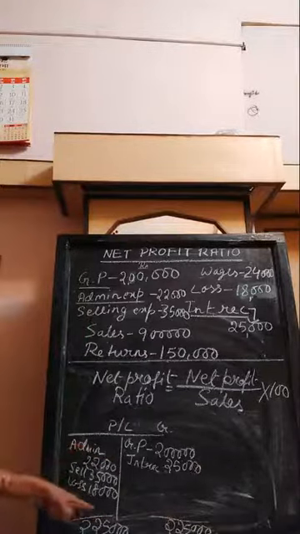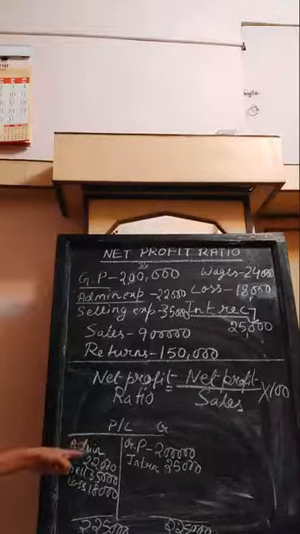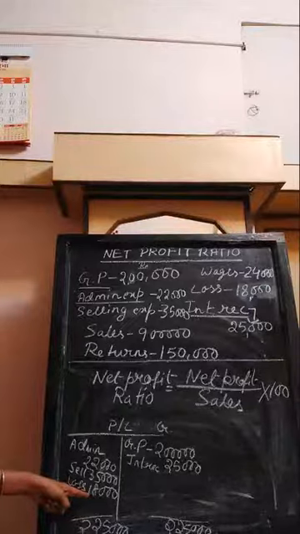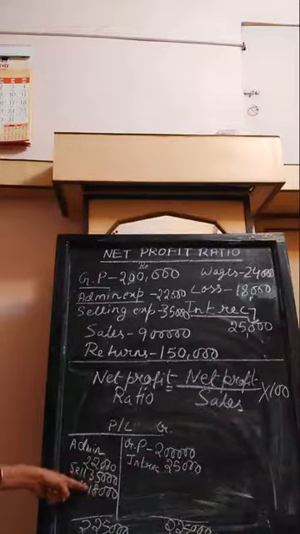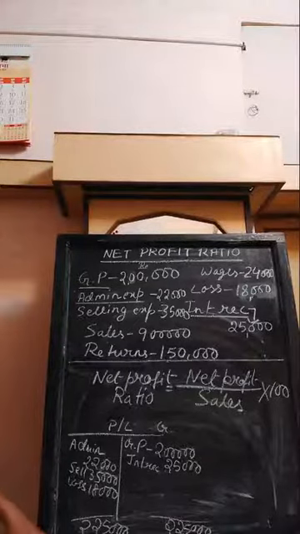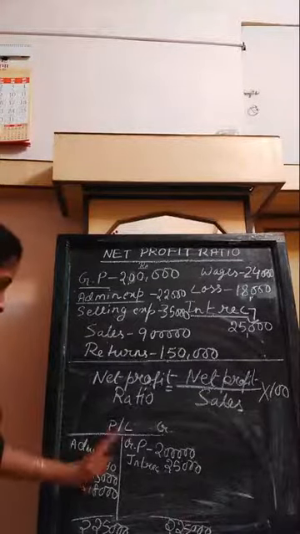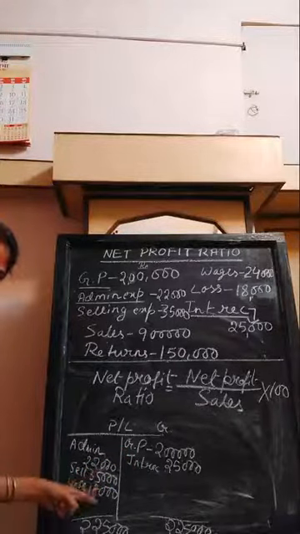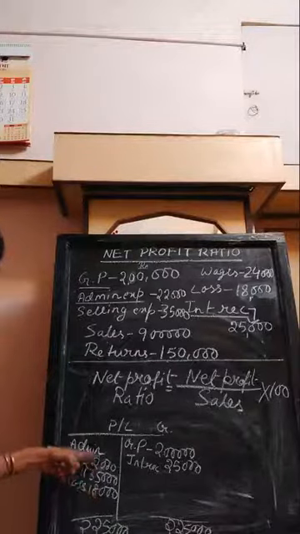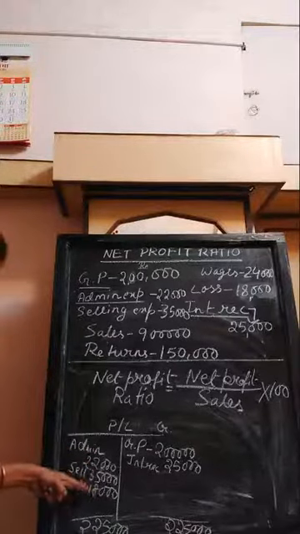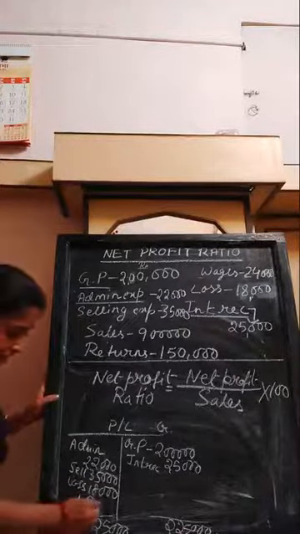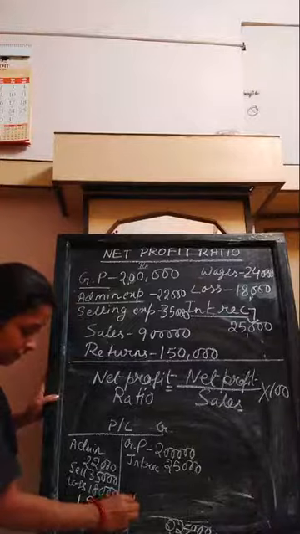Now from that we will deduct all the indirect expenses, that is 22,000, 35,000 and the loss 18,000. Now 22,000 and 18,000 gives you 40,000 and 35,000 makes 75,000. If we deduct this total of the indirect expenses, 75,000, from 2,25,000, we are getting 1,50,000 as NP, net profit.